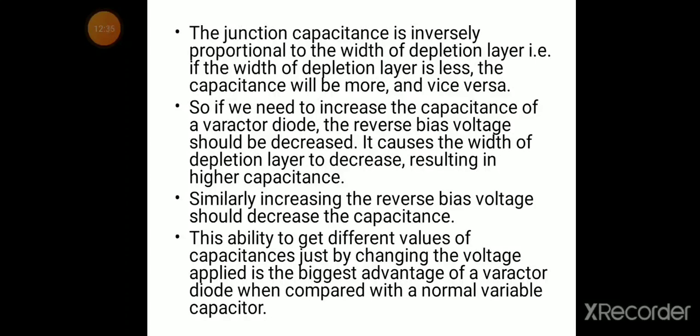So if we need to increase the capacitance of a varactor diode, the reverse bias voltage should be decreased. It causes the width of the depletion layer to decrease, resulting in higher capacitance.